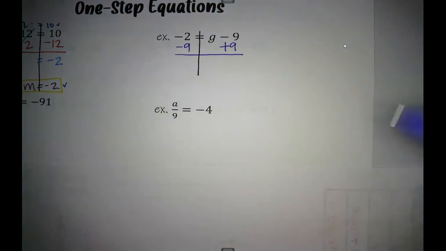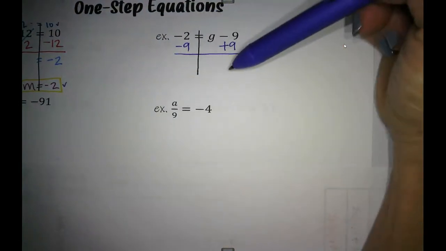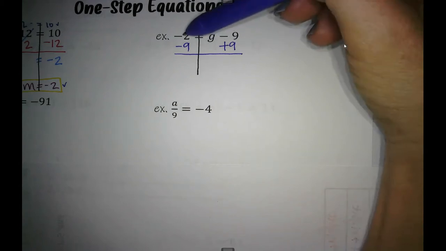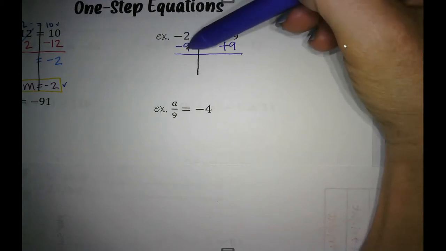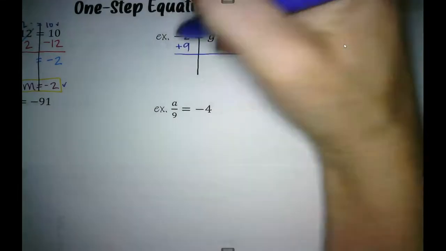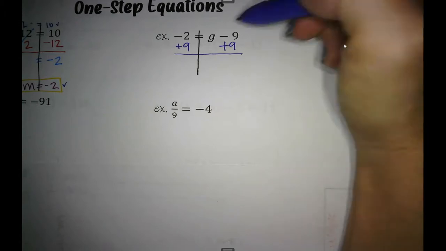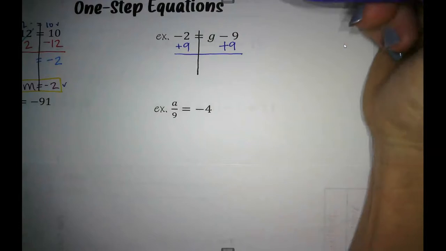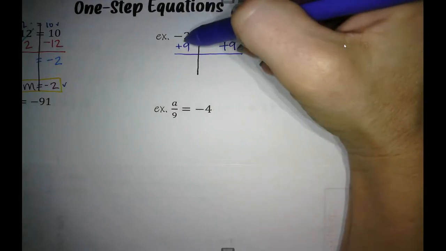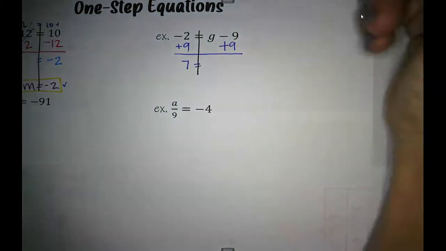So I'm going to do that on both sides of my wall. So I've got negative 2 minus 9. Not minus 9. Come on. See, even your teacher's going to make mistakes sometimes. We're adding that 9, right? It was subtraction here, adding. So negative 2 plus 9 gives me 7.